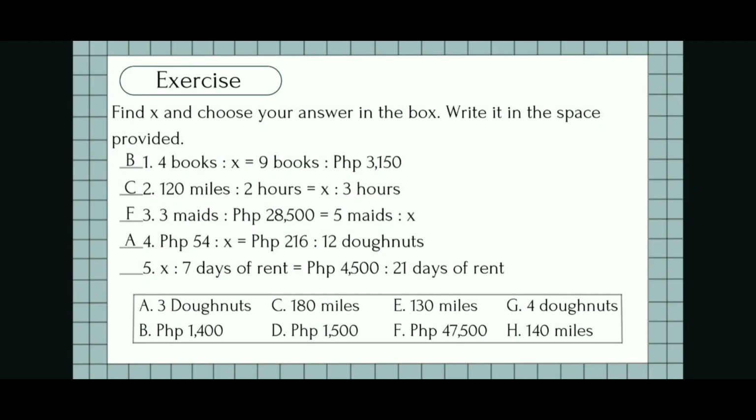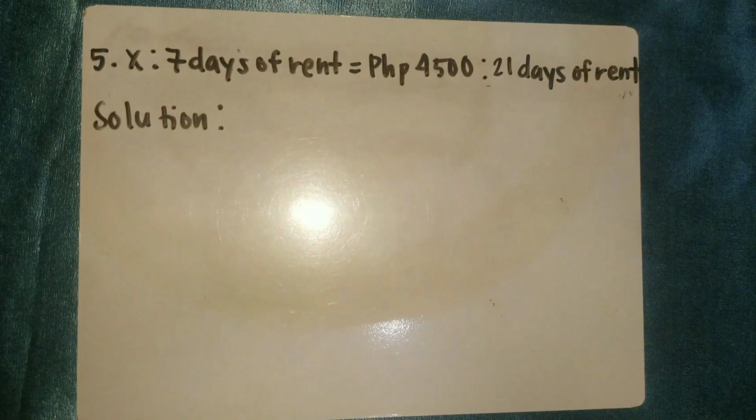Number 5. X is to 7 days of rent equal 4,500 pesos is to 21 days of rent. The answer is letter D, 1,500 pesos. Solution.